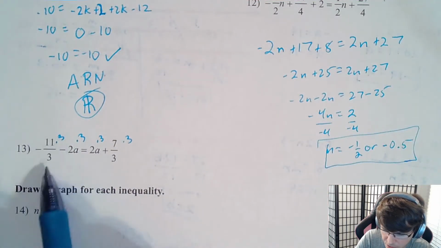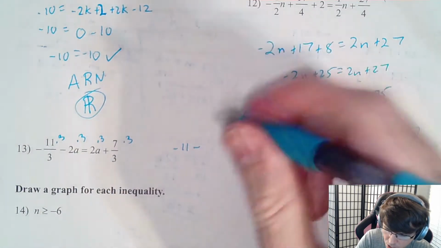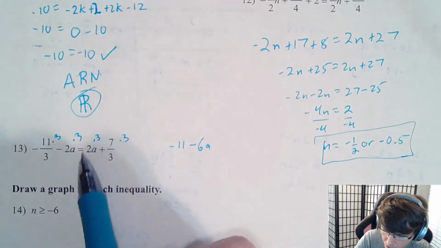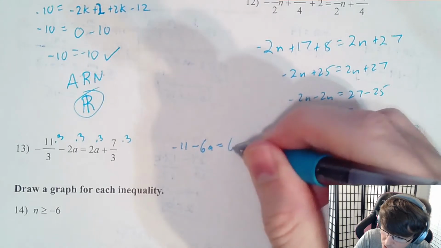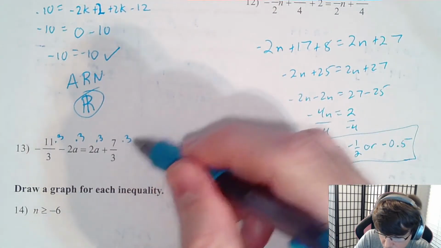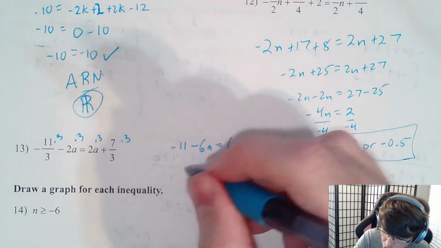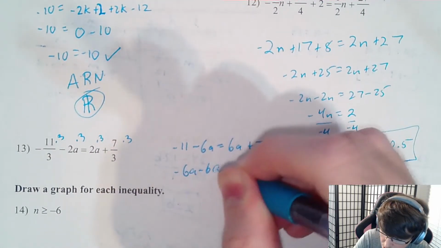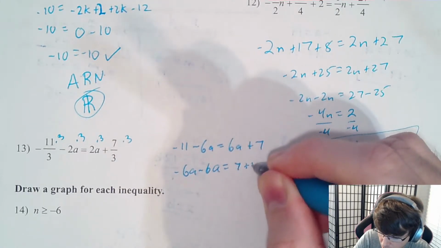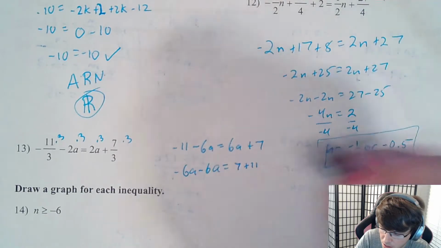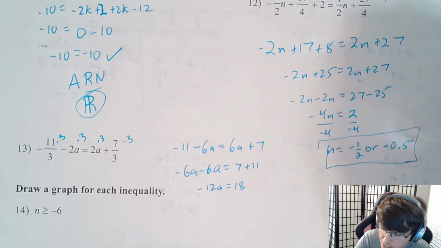So negative 11 over 3, like the 3's cancel here, so we're gonna get negative 11 minus 2 times 3 is 6a. 2a times 3 after the equal sign, you get 6a, and then 7 over 3, 3's cancel, so you get plus 7. Again with that switcheroo, negative 6a minus 6a equals, and then we got 7, negative 11 added to the other side, plus 11. Negative 6 minus 6, negative 12a equals 18.